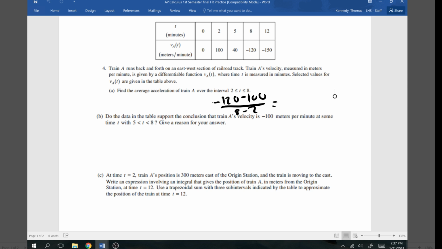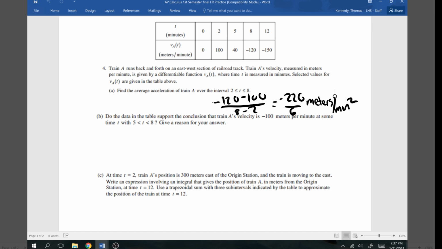I get negative 220 over 6. And now I just got to get my units right. And that is average acceleration, meters per minute squared. Got it. As I was walking around watching people work on this, a ton of people did not do the units. If you don't do the units, you get wrecked on a lot of these. So make sure you do the units.